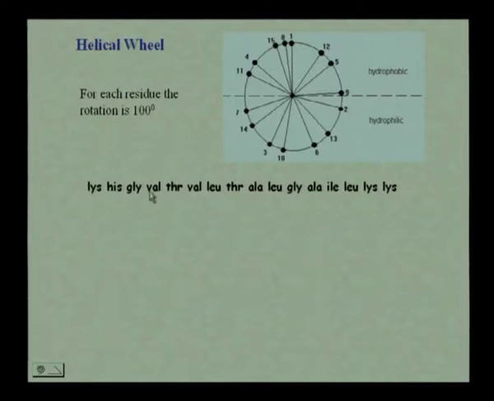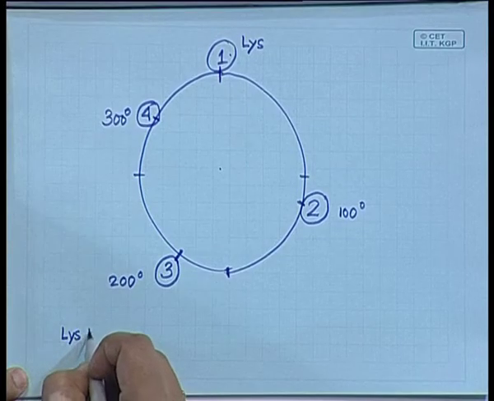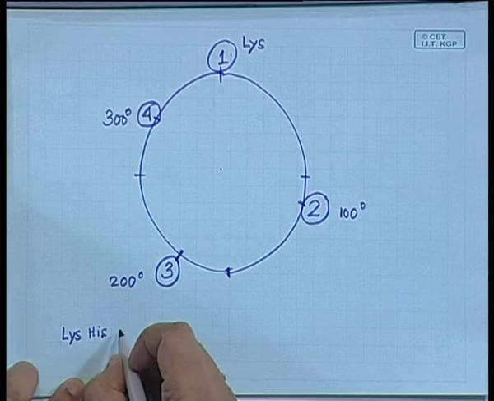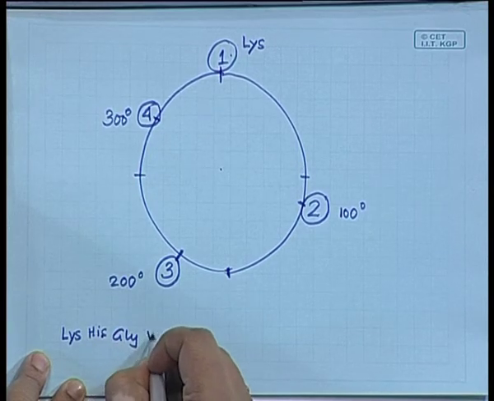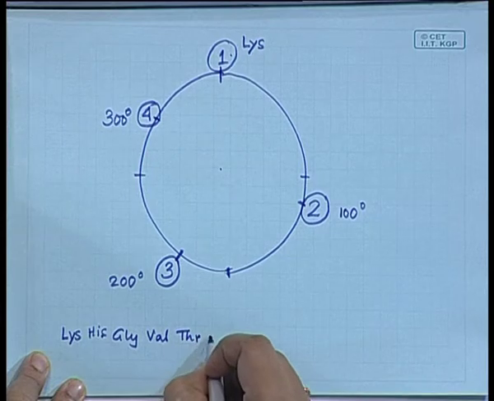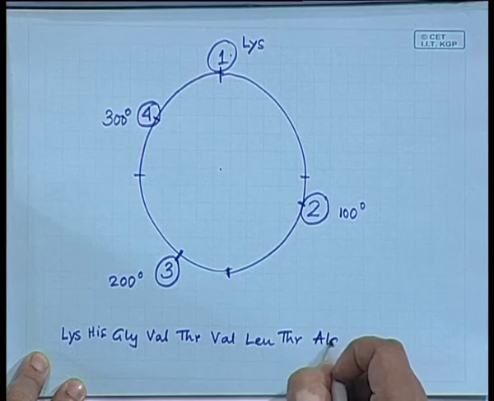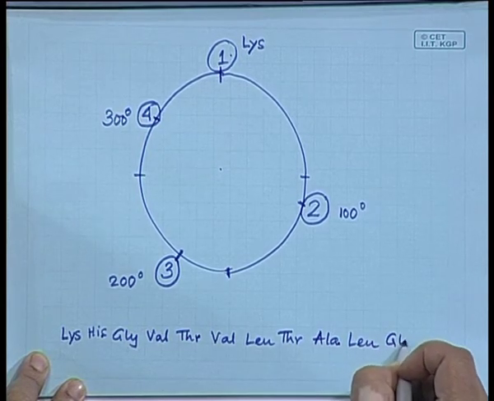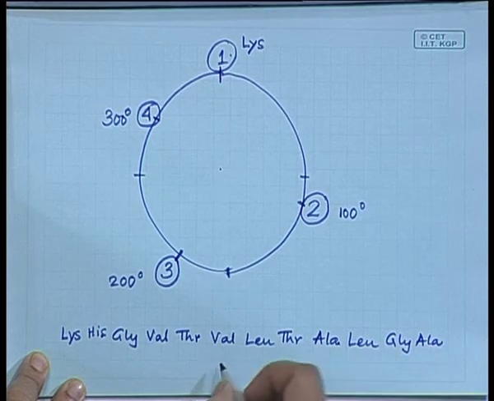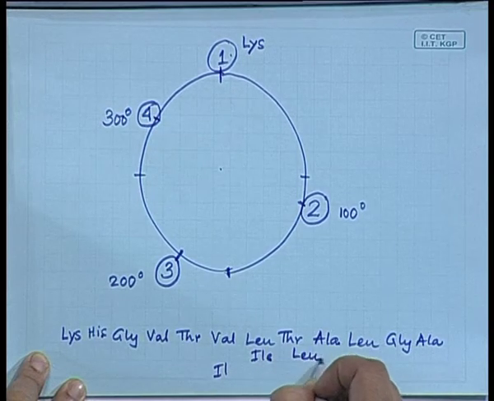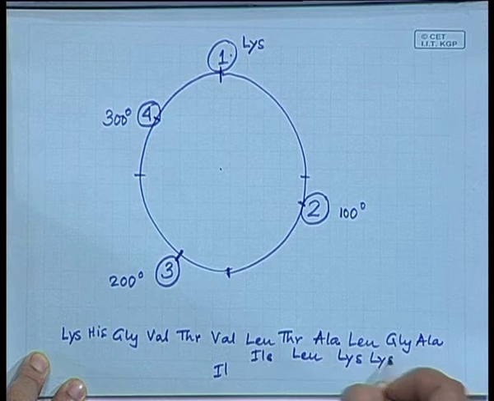Let me just write it here: lysine, histidine, glycine, valine, threonine, valine, leucine, threonine, alanine, leucine, glycine, alanine, isoleucine, leucine, lysine, lysine.